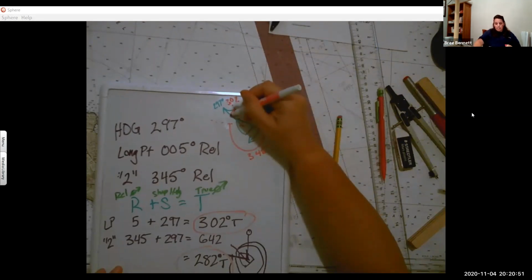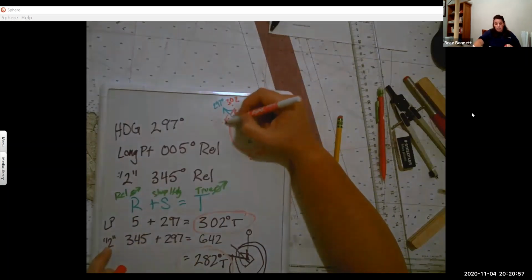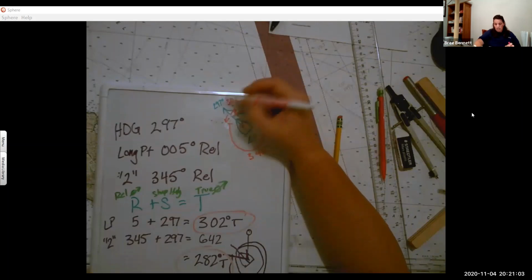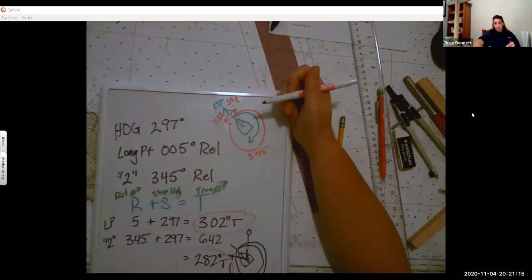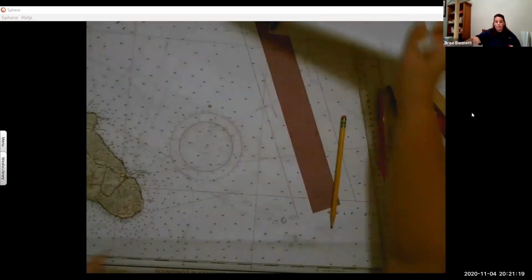And if it was 15 degrees off my port side, I would have 15 minus 297, or that would give me my 282. So I have something bearing right off my starboard bow and then about 15 degrees off my port bow. So I plotted those in true, and then I can plot those LOPs.